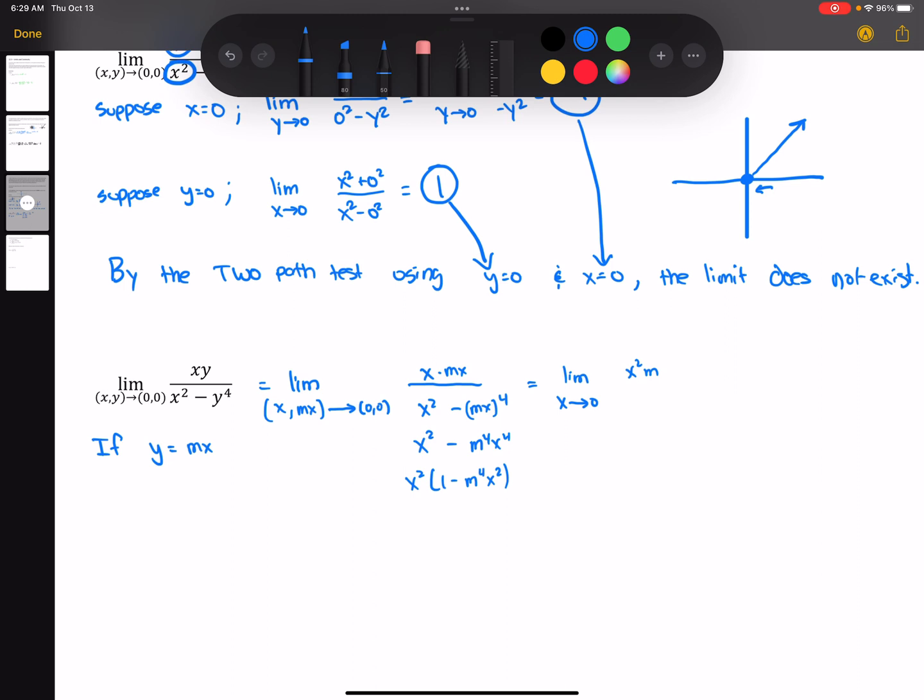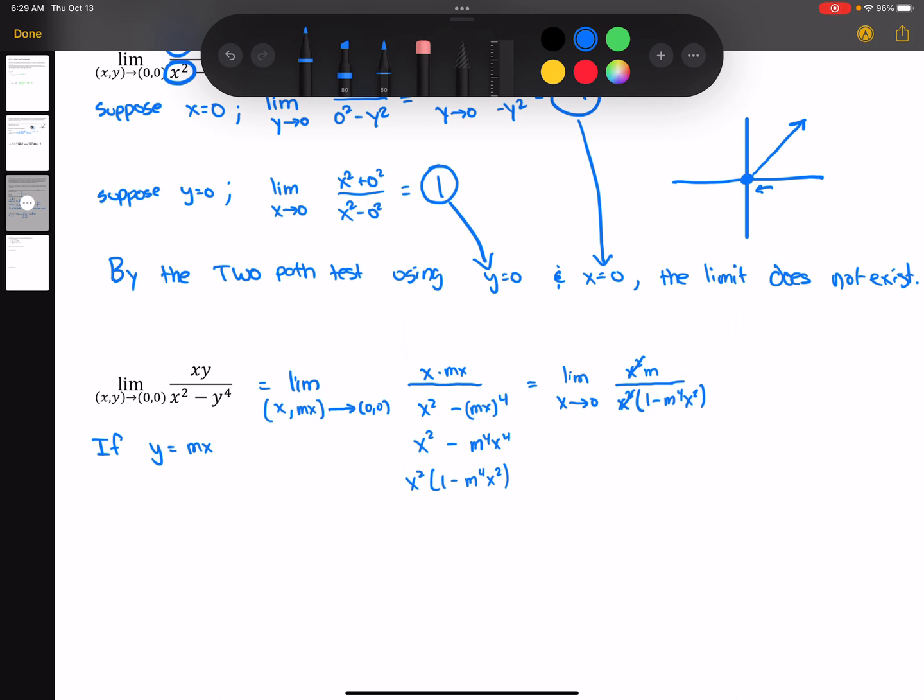So what we would get now is in our denominator, we would get x squared times 1 minus m to the fourth x squared. Now notice that we can cancel out our x squared here.